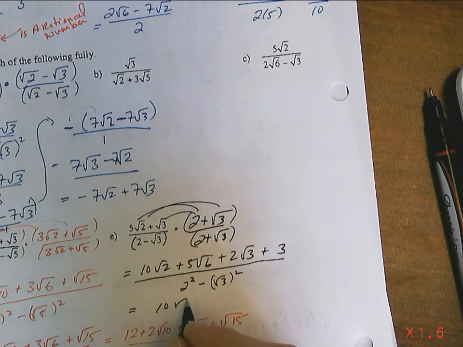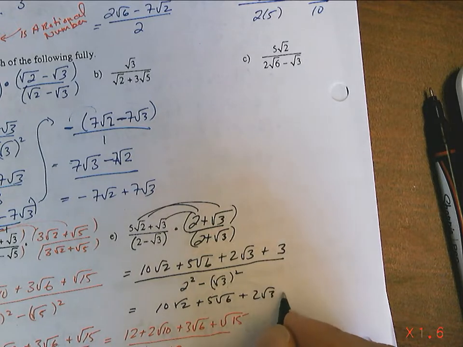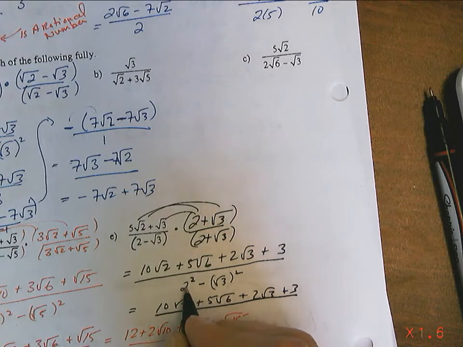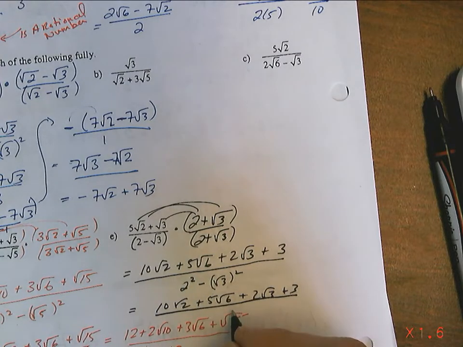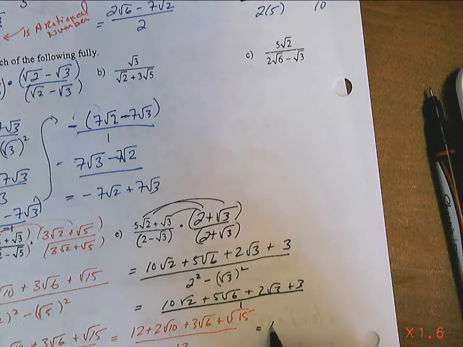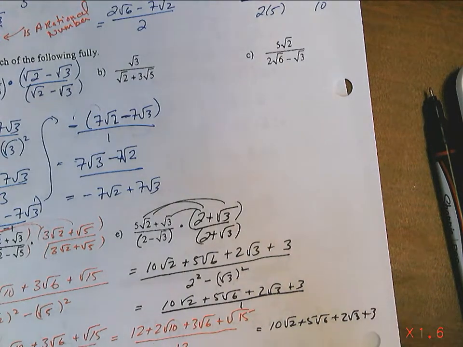It's going to be 10 root 2 plus 5 root 6 plus 2 root 3 plus 3 over 4 minus 3, which is 1. So, thank goodness. And of course, I'm not going to write it like that. There. You don't need it over 1.